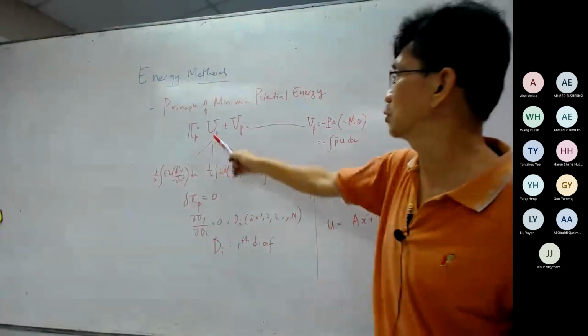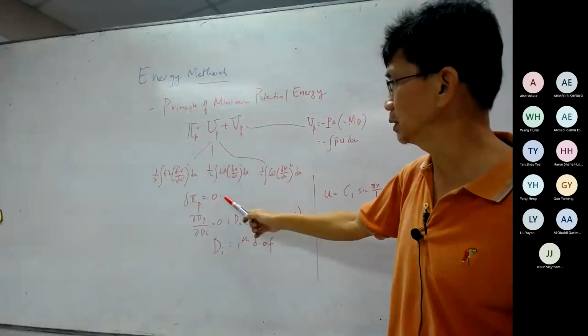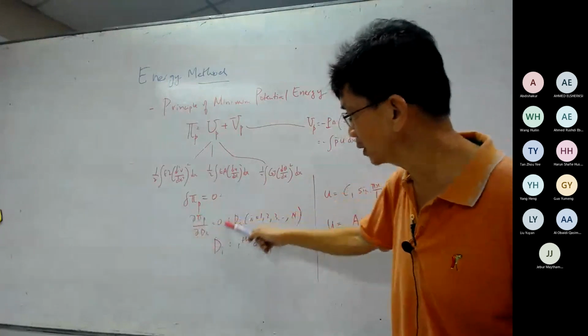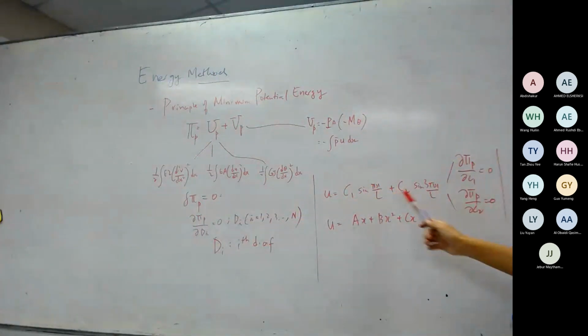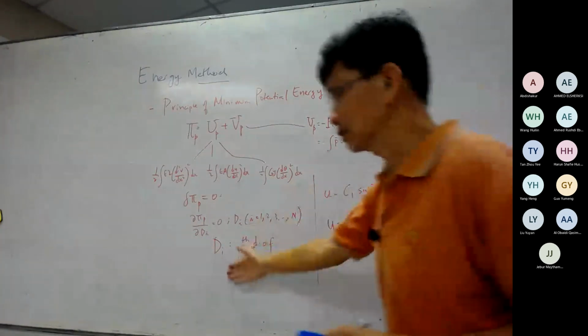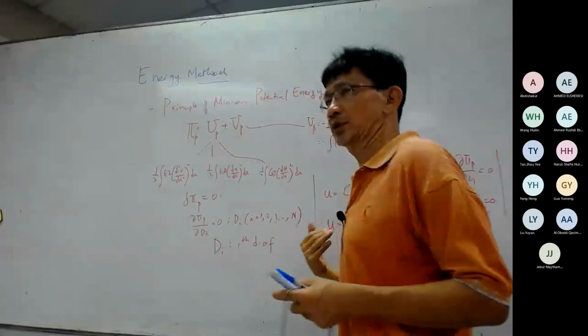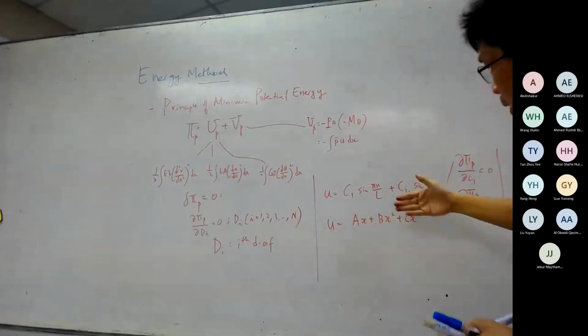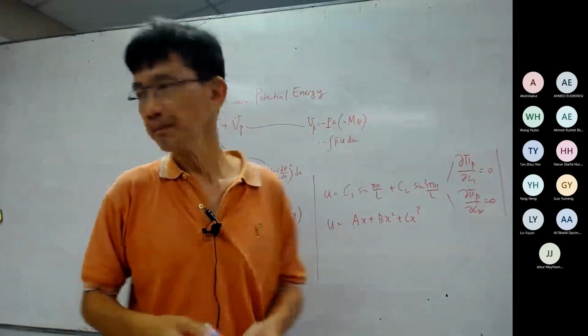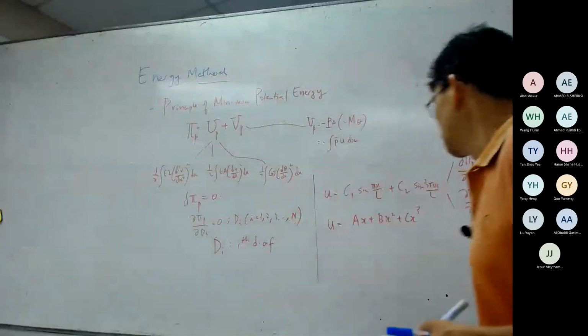Then we need to add these together, then apply this principle, meaning that we need to get this set of equations. Depending on how many unknown coefficients or degrees of freedom the problem has, we have to solve. If 1 degree of freedom, only 1 equation straight away. If 2 degrees of freedom, then 2 equations. 3 degrees of freedom, then 3 equations.